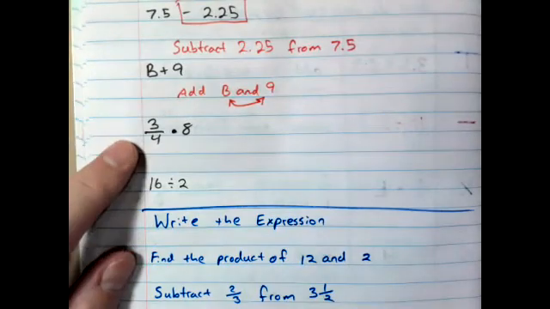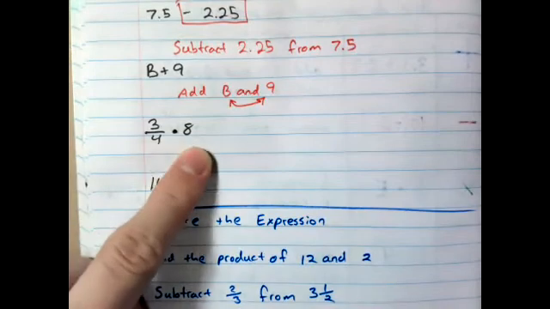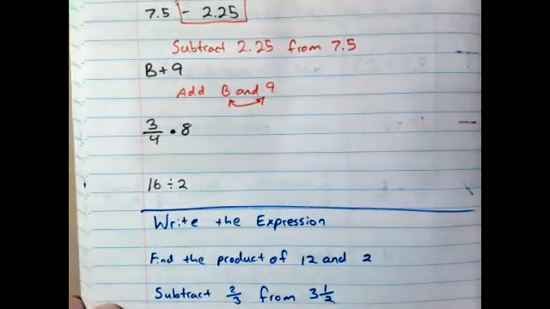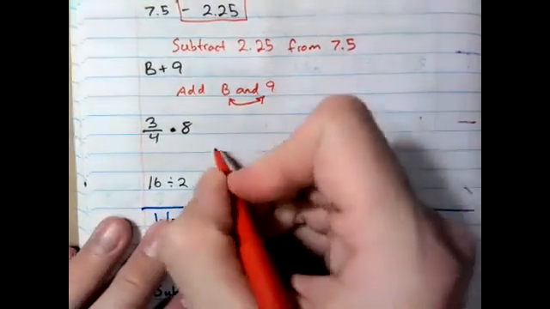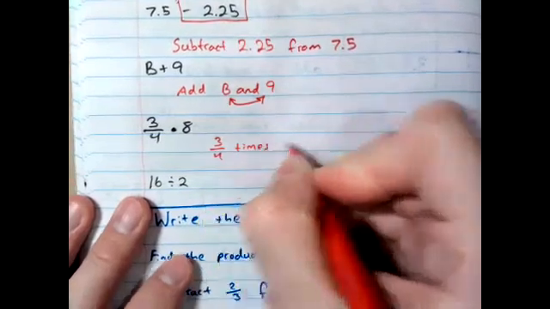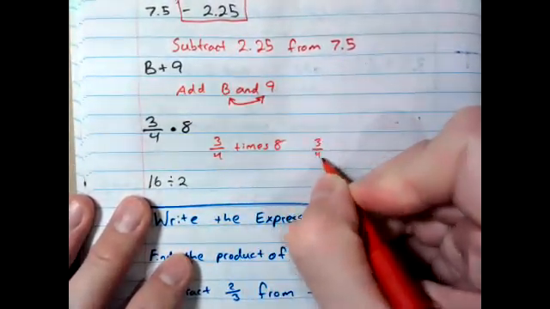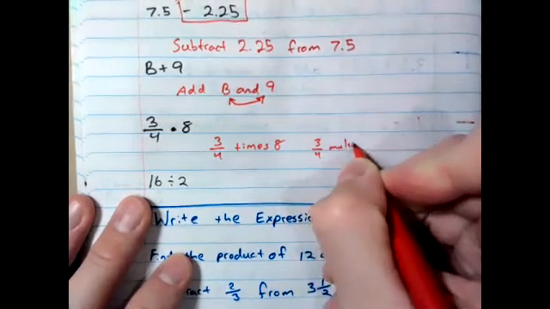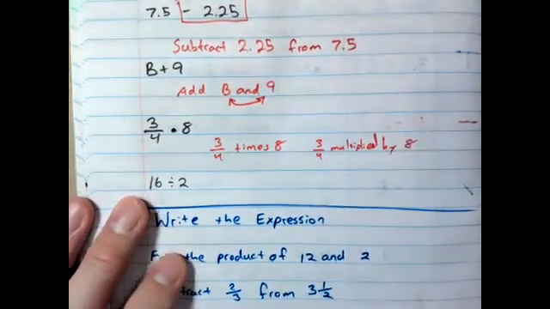Next up, we have a multiplication expression, 3/4 multiplication symbol 8. There are a few ways to write this. What is one way that you know? Tried and true, 3/4 times 8. We could say 3/4 multiplied by 8.